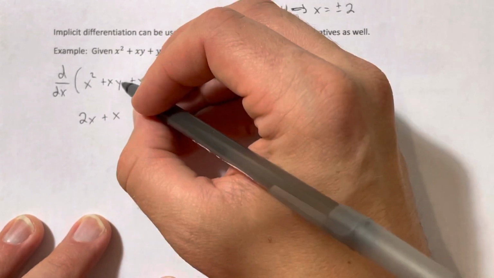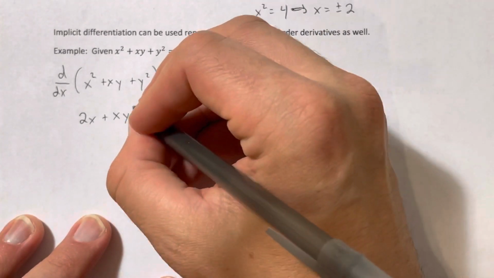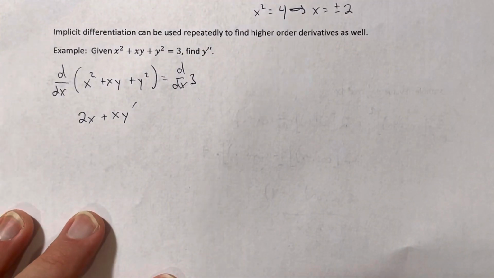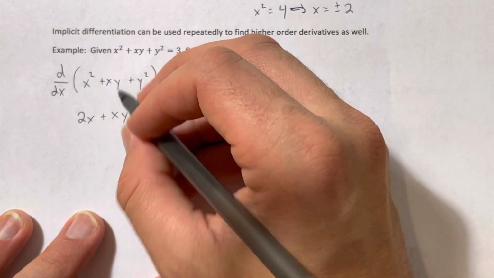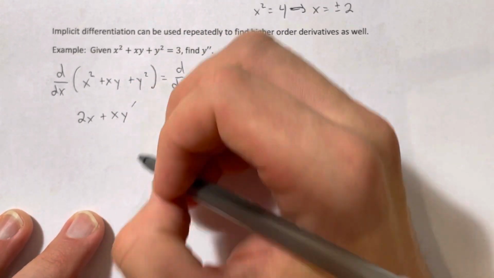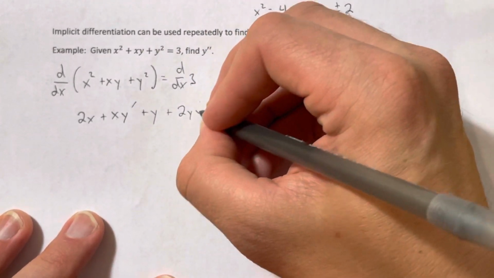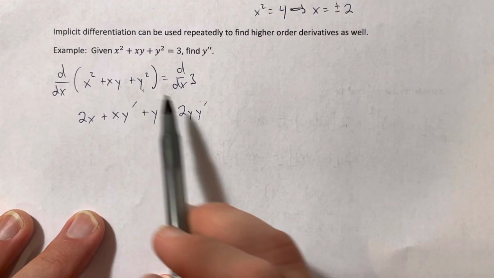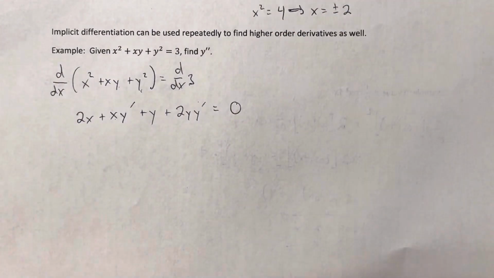I've been writing dy/dx, but because I'm using prime notation here, just for consistency, I'll call that y prime. I'm using my product rule here, by the way. So x times y prime plus the derivative of x times y, that would be plus y, plus 2y y prime. Again, chain rule on this guy is where that y prime is coming from. This is equal to 0.